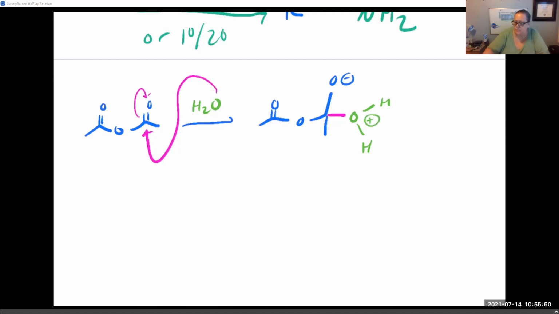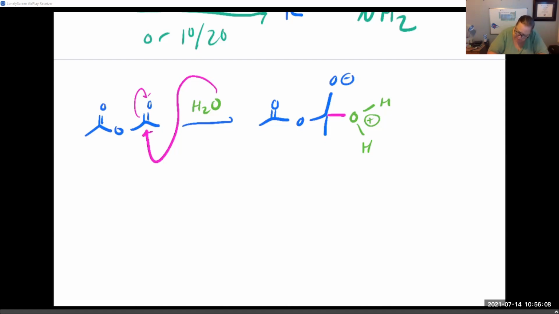What's going to happen next? Right, exactly. Reform my carbonyl bond.